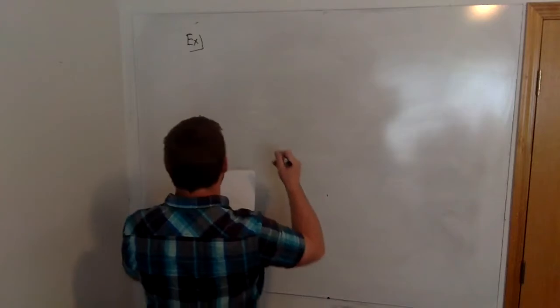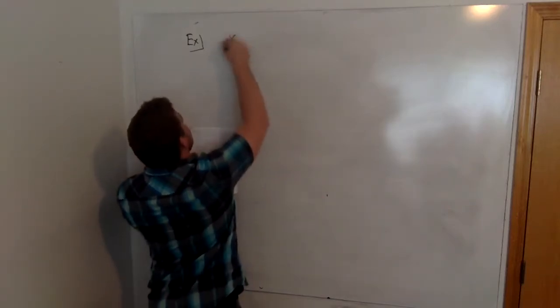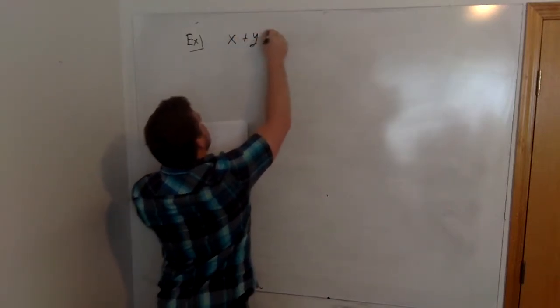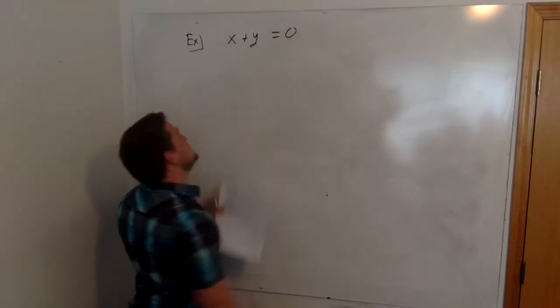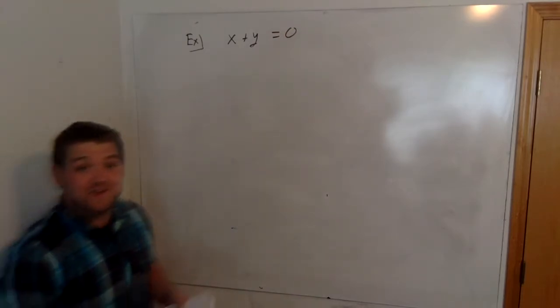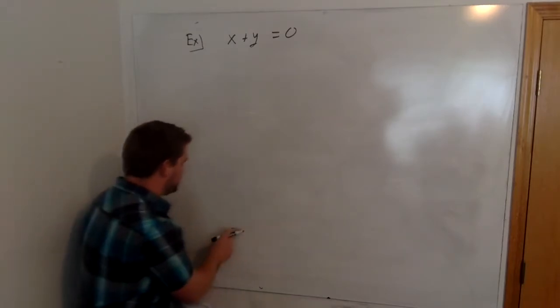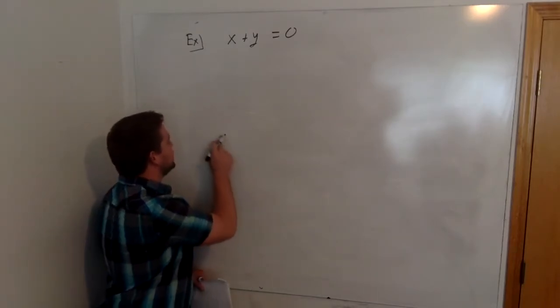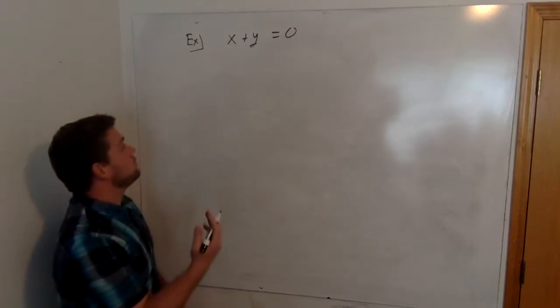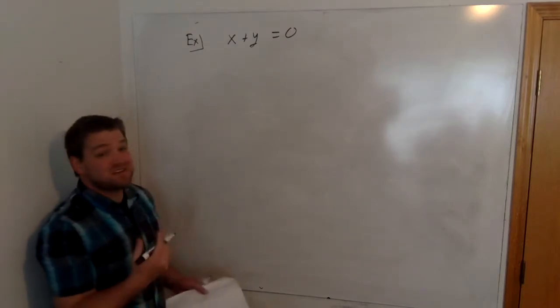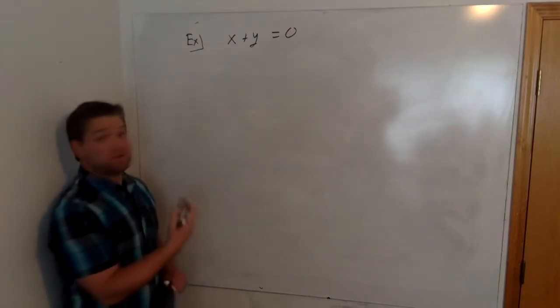Okay, as the next example, let's say we have the equation, how about x plus y equals 0? This is in rectangular coordinates. Let's try to think about what this equation would look like in polar coordinates. Maybe it'd be nice to think about what the shape is really describing.